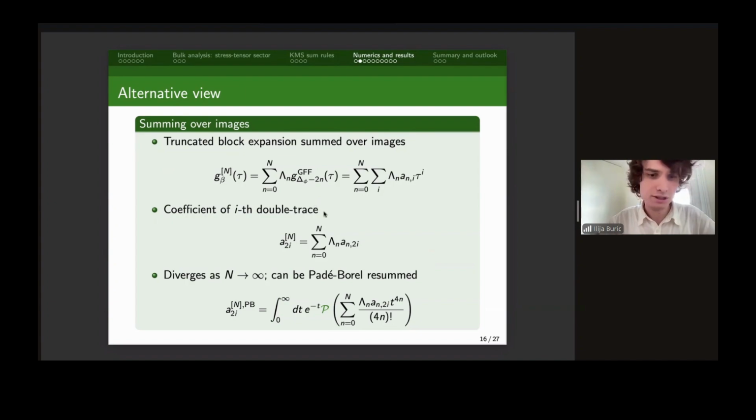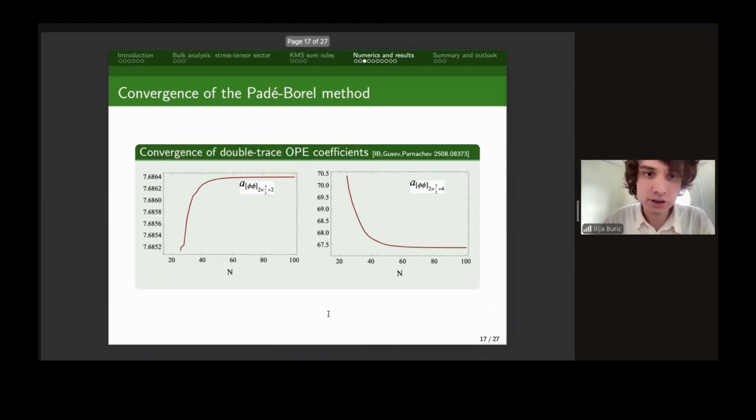I think all of you are on that paper. But even if you reinterpret this formula in this way, Pade Borel resummation is still necessary to make it converge.